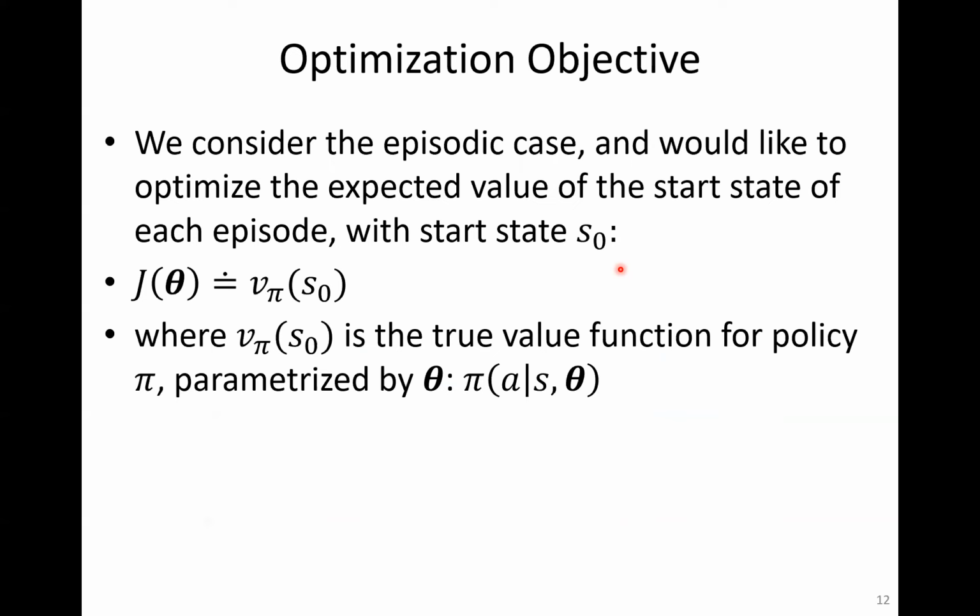We would like to optimize the expected value of the start state S0 of each episode. So the function J theta is our optimization objective. It's defined as the value function V pi of S0, the true value function for a policy pi parameterized by theta.